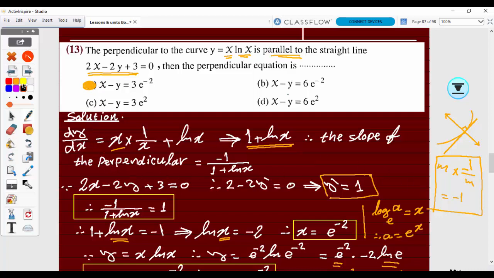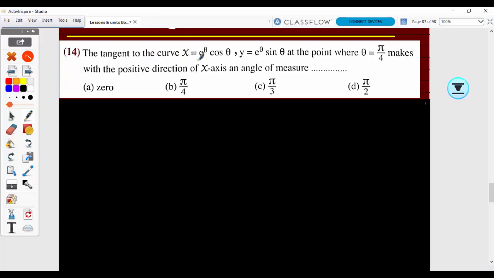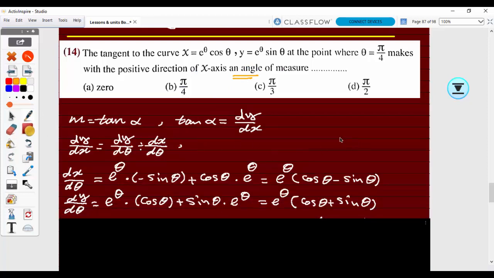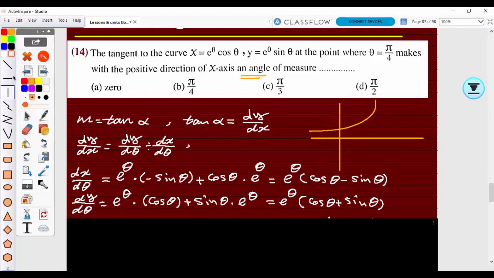Question number 14. The tangent to the curve x equals e power theta cosine theta and y equals e power theta sine theta at the point where theta equals pi over 4 makes with the positive direction of the x-axis an angle of measure what. If we have the curve in this form with the two coordinate axes, here is the curve and here is the tangent to the curve.